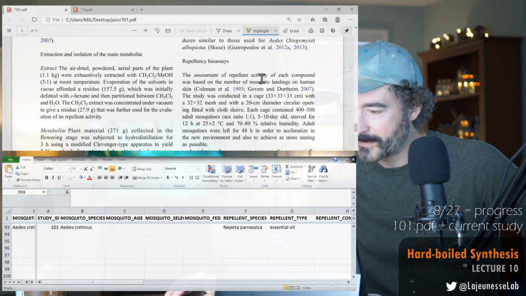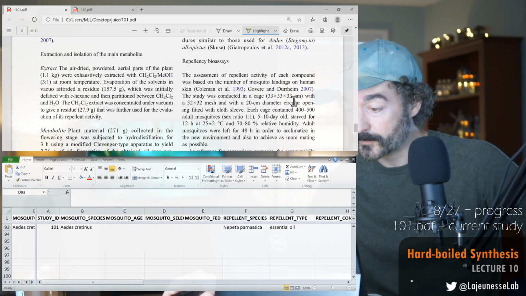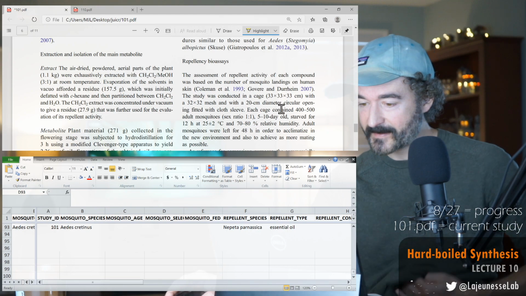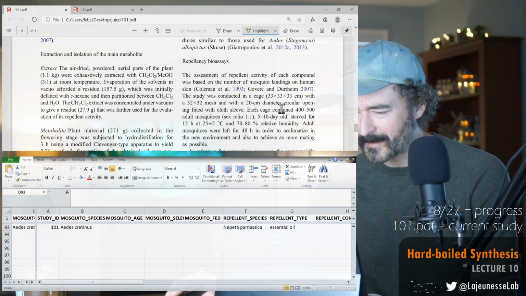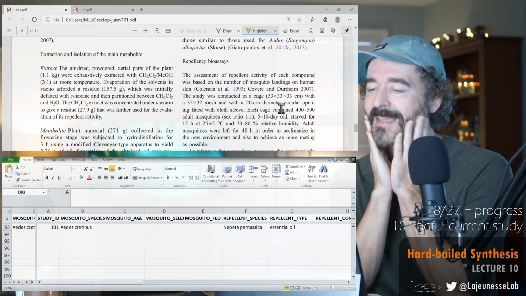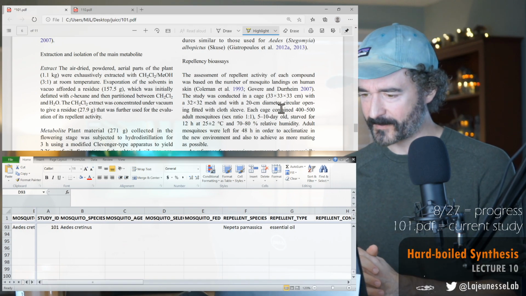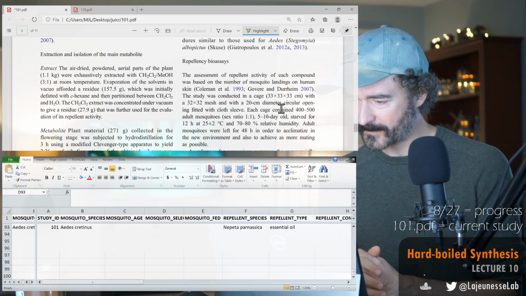Okay, so mosquito landings on skin. Study was conducted in a cage with mesh. Each cage contained 400 to 500 mosquitoes with a balanced sex ratio. That's an odd thing to say, because how do you know the sex ratio in a cage, males and females?